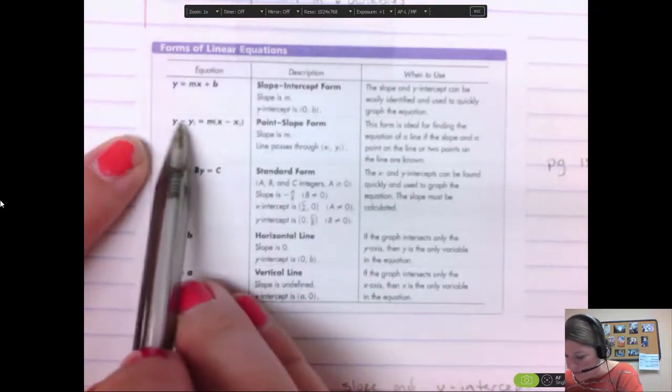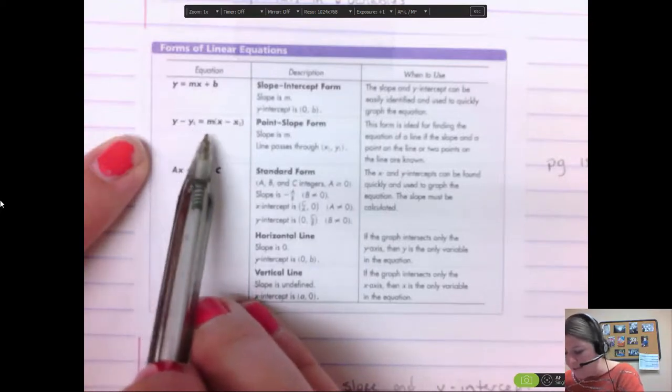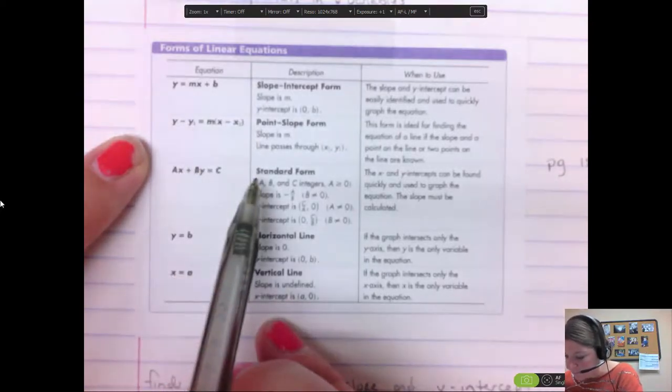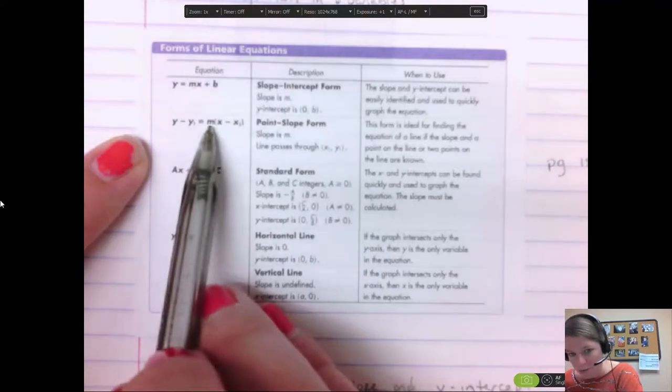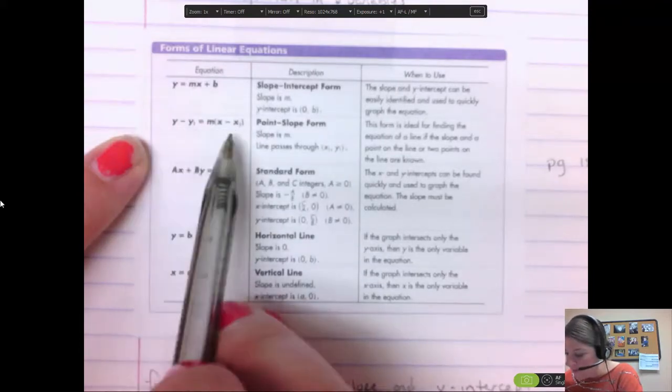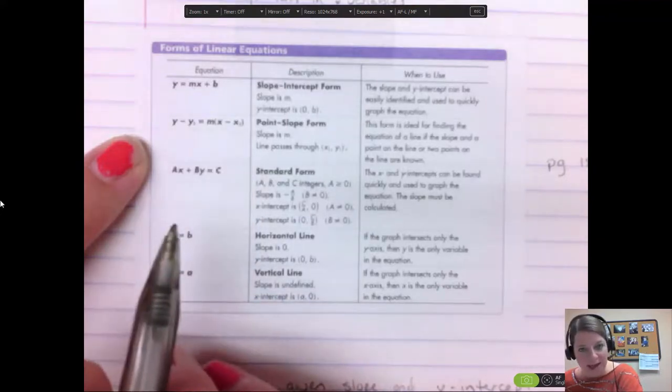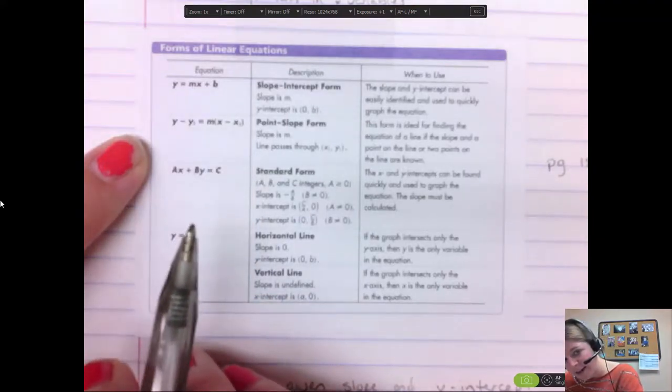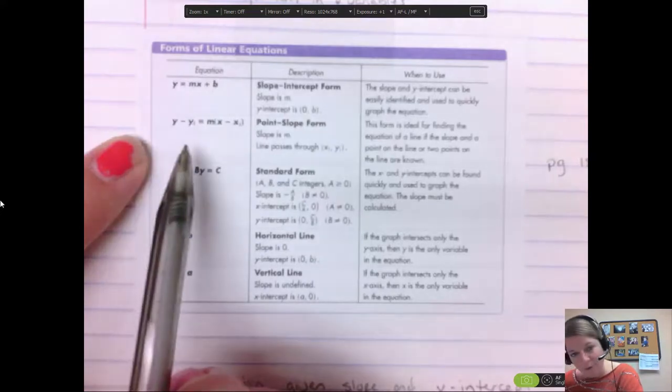And it goes y minus y1 equals m times x minus x1. M is the slope that you put into the formula, and the x1, y1 are represented by the point that's on your line. So you have to have a point that's on the line and the slope in order to find the equation of the line.